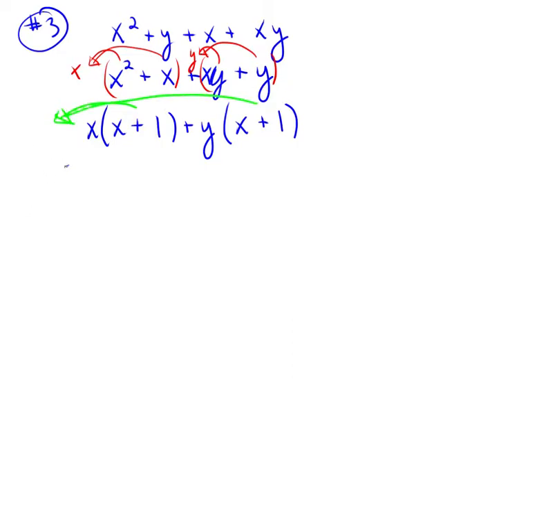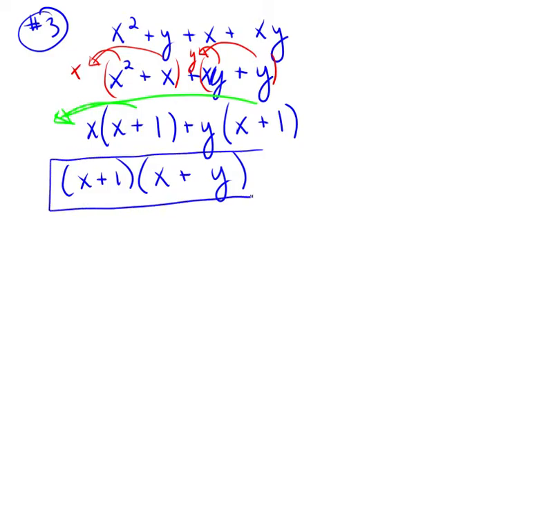So I'll distribute that x plus 1 out of our groups, and I'm left with x, because x plus 1 times x is the first grouping, plus y, because x plus 1 times y is the second grouping multiplying, and hey, there is my factored form for that problem.